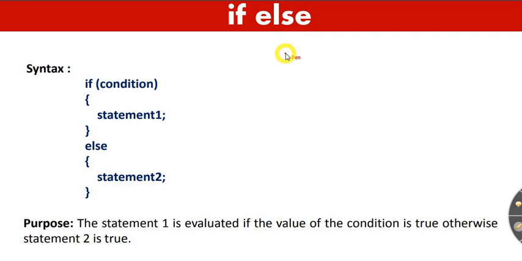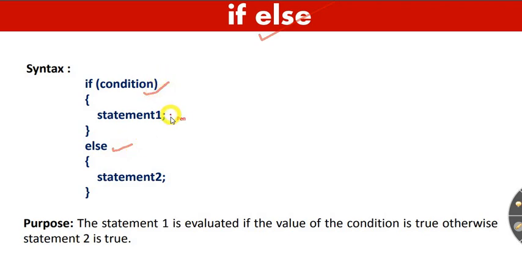So in my earlier video I have shown you the syntax of if along with one code as well as the flowchart. So today I am going to start with if else, which is a very important portion of the control statement. So the syntax is: if condition, then comes the else part.